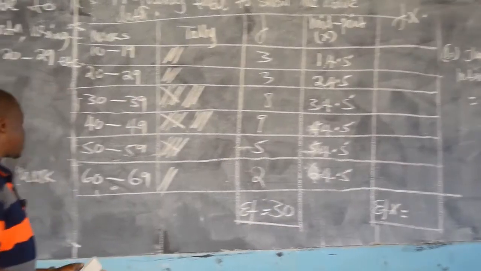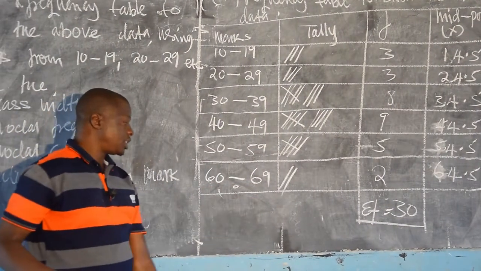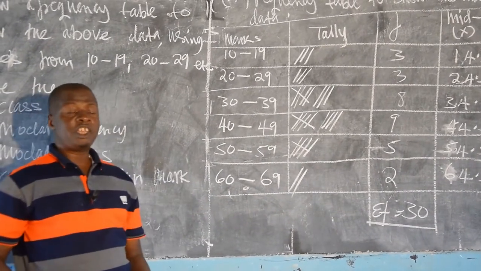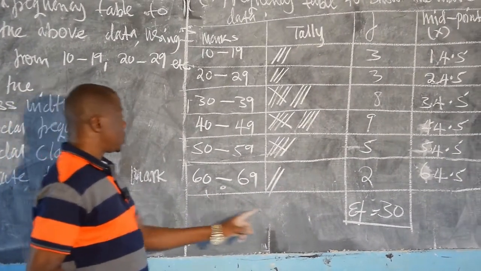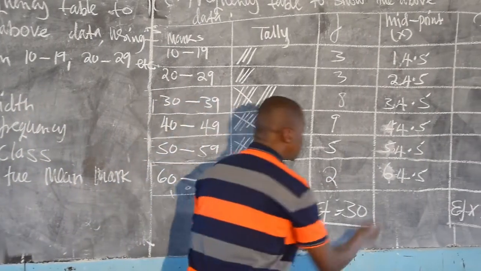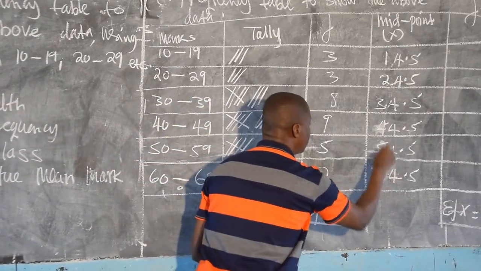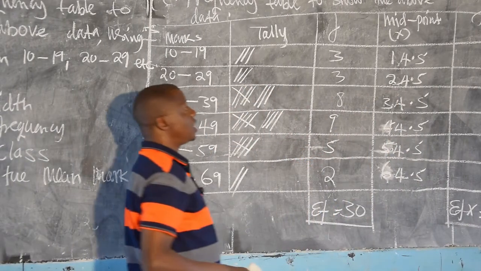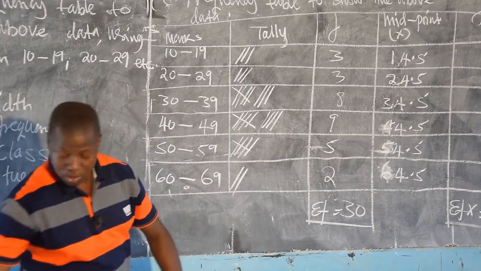Yes, let us test. This one gives 129. 129 divided by 2, it gives 64. So this one is 64, 54, 44, 34, like that.